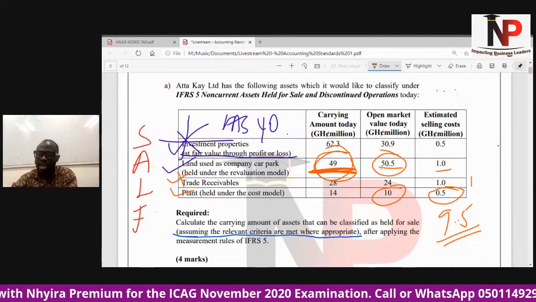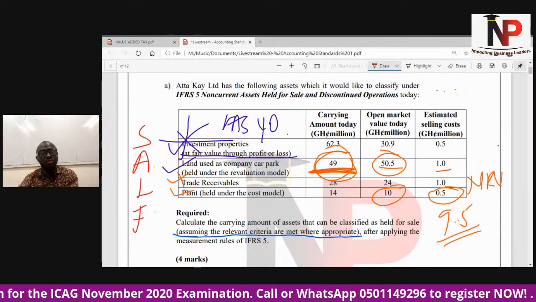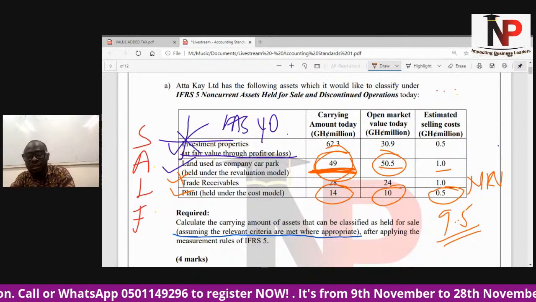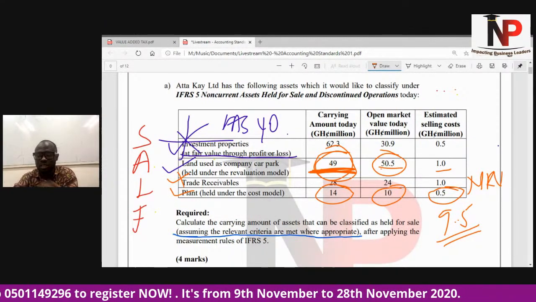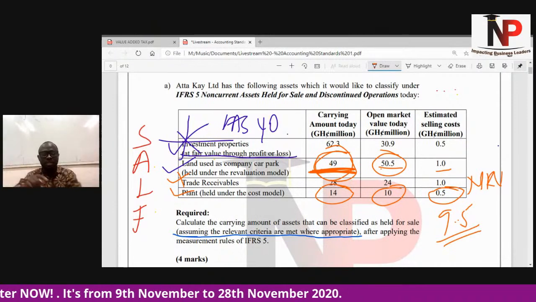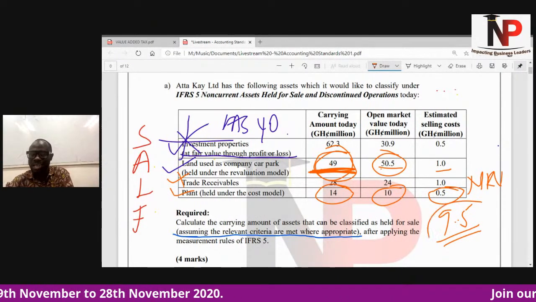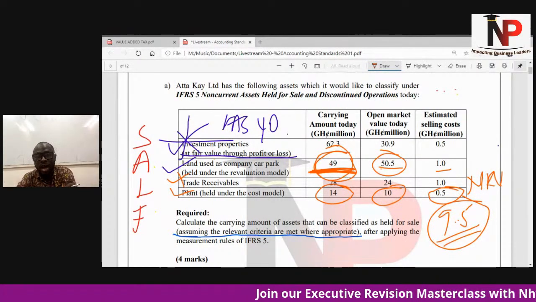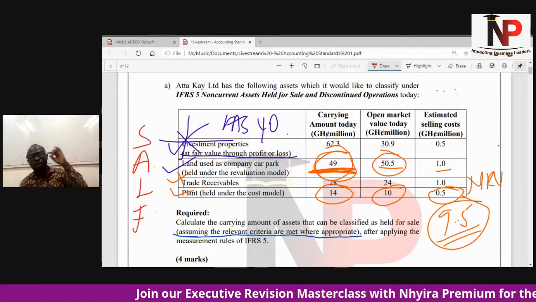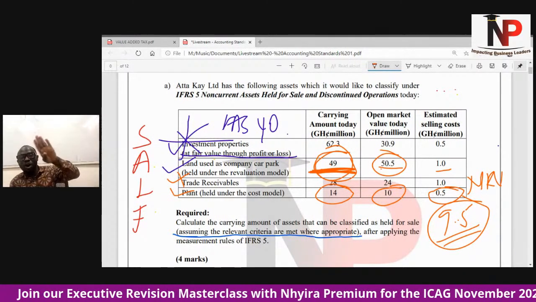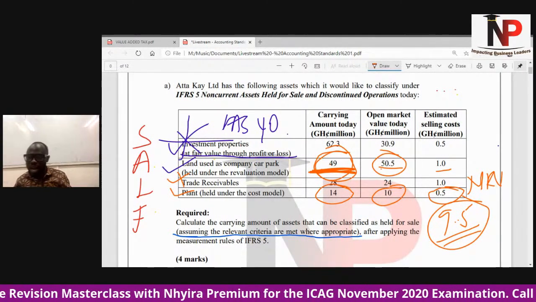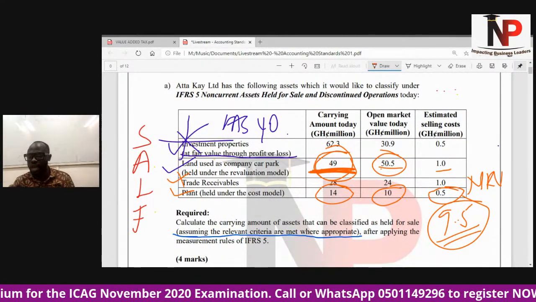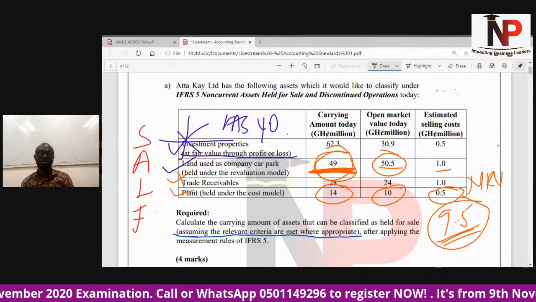This becomes the net realizable value, 9.5. But look at the carrying amount. The carrying amount is 14 million Ghana cedis. So the lower of the two means the plant will be carried at 9.5. So in this question for 4 marks, the land will be carried at 49, and the plant will be carried at 9.5.